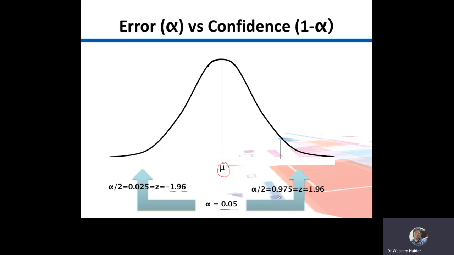Towards the right, alpha by 2, we can find it at a probability value of 0.975, and the corresponding z value is 1.96. So z, either on this side or on that side, the value is the same, except the sign is opposite. Positive on this side, negative on that side.